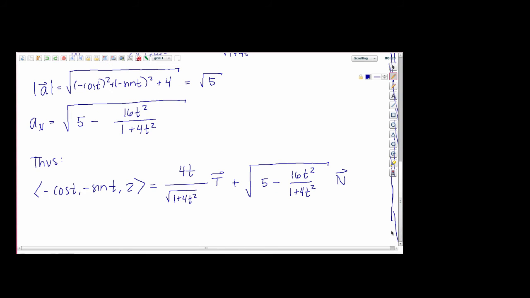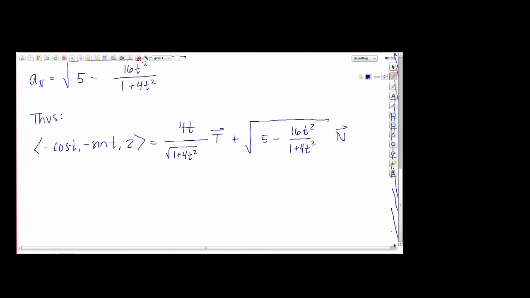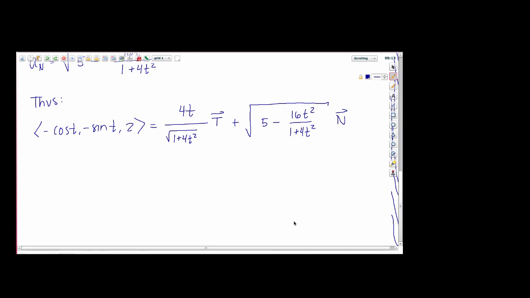And again, the nice thing about this expression is that we've now written acceleration in terms of tangential and normal components, and we didn't have to find formulas for T and N separately.